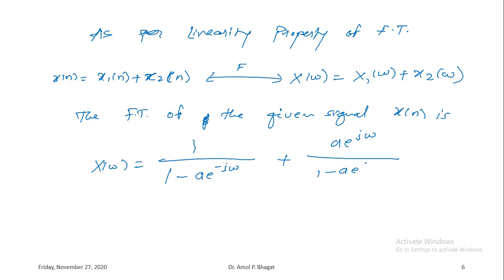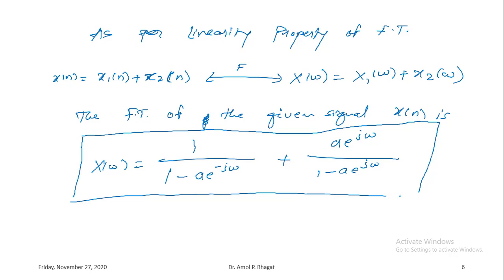Okay, so if you want, you can simplify it, otherwise you can keep your answer to this point, right? So this is the required Fourier transform of x of n. x of n was a to the power mod n, right?